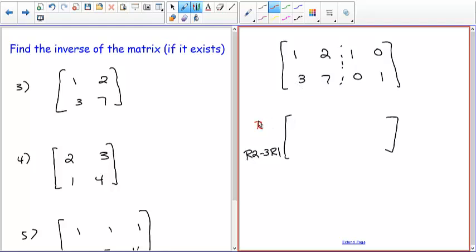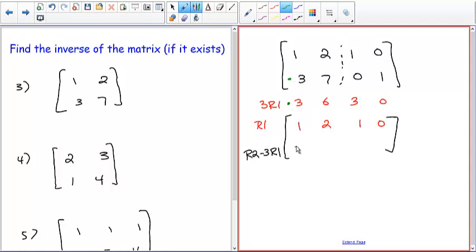So row 1 stays the same for right now. So let's take 3 times row 1. So that's row 1 here. So you get 3, 6, 3, 0. And so what we're going to do is take row 2, subtract 3 times row 1.